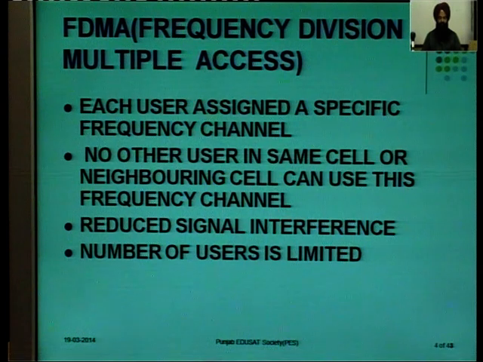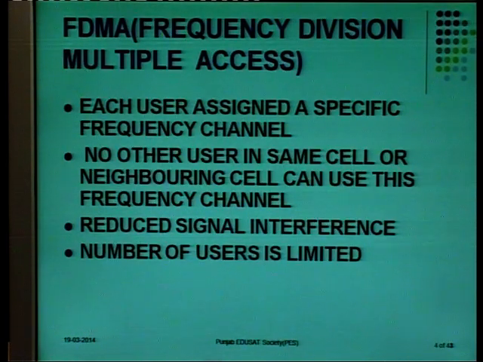Now, we will give the elaborated definition of each technique. First of all, FDMA, that is frequency division multiple access. Here each user is assigned a specific frequency channel. The whole spectrum, whole frequency bandwidth, is divided into some small frequency bands, and these are allotted to a particular user.